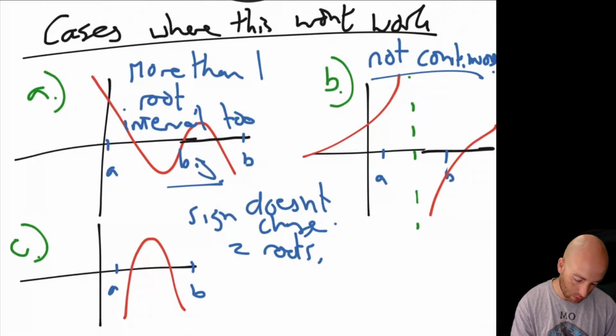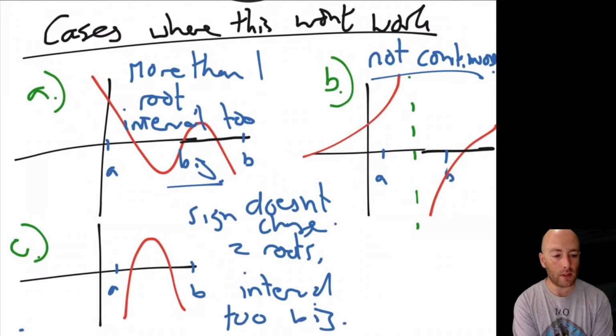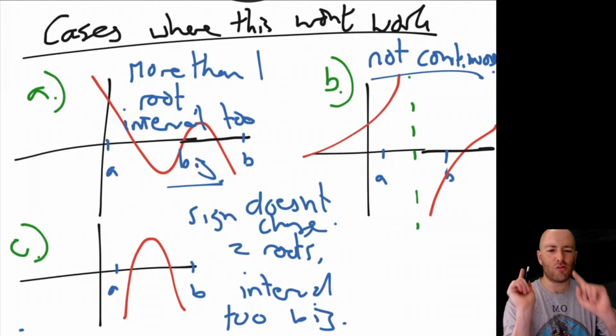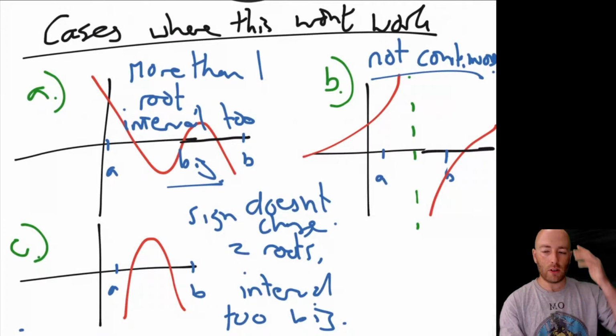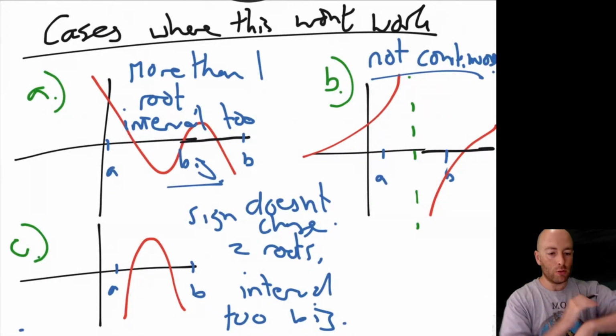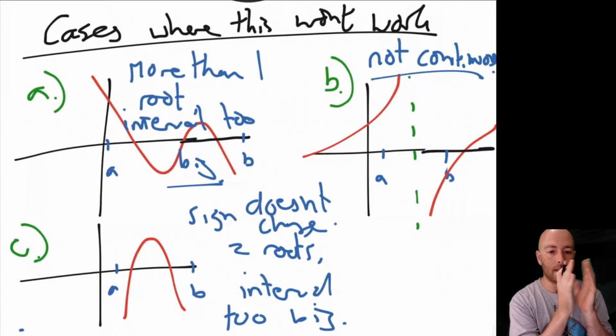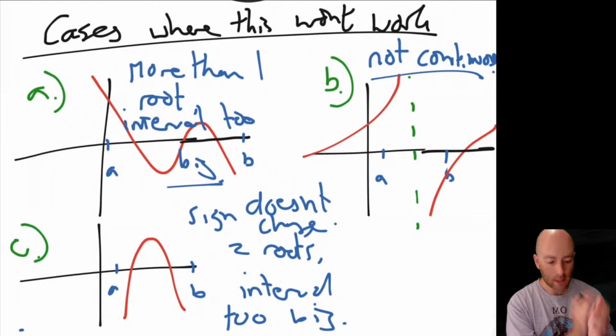Again, your interval is too big for that one as well. Cool. So you could, if you like, just try loads of values and eventually try and find a root by just honing in on roots, by taking successive decimal places either side.